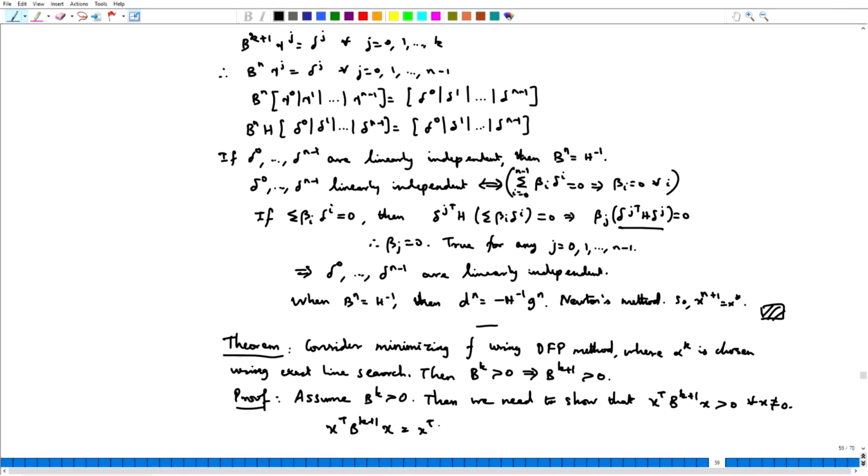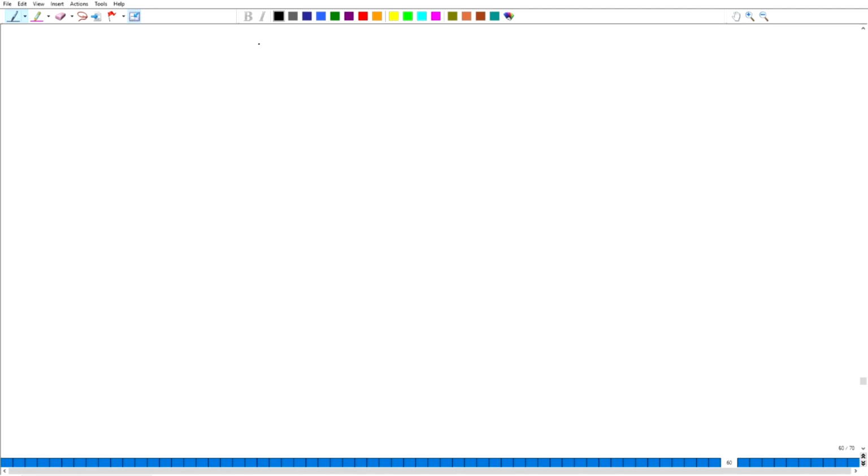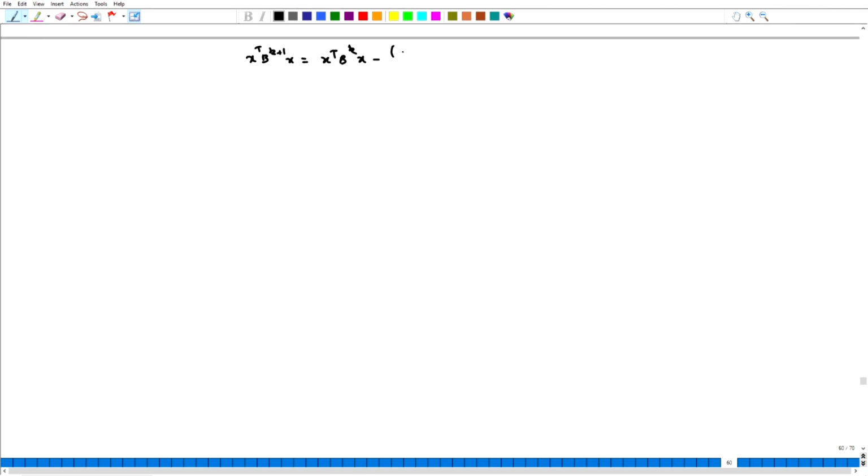So, let us just use that: x transpose Bk x plus x transpose delta k, whole squared, by delta k transpose gamma k, minus x transpose Bk gamma k, whole squared, by gamma k transpose Bk gamma k.